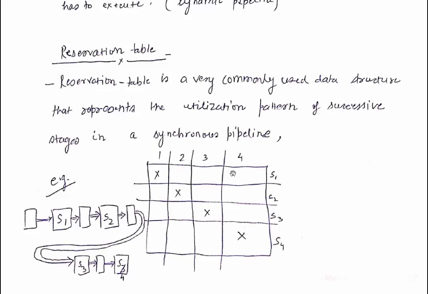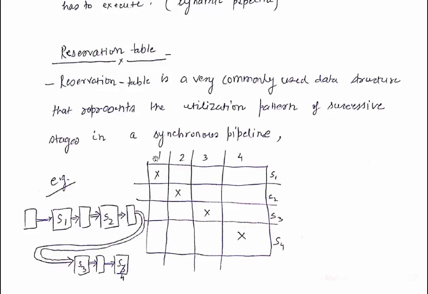This is your time steps, and it is a linear one because from S1 you are going to S2, from S2 to S3, from S3 to S4. So at time step 1, when the pipeline starts, S1 is executing. Here I have made a cross. At each time step you are executing one stage.